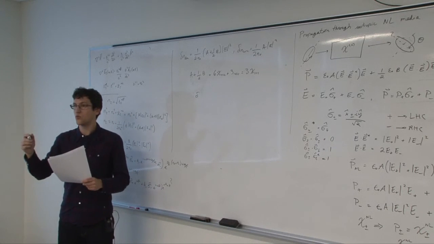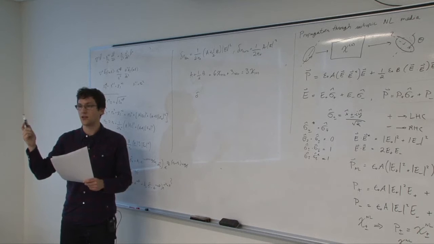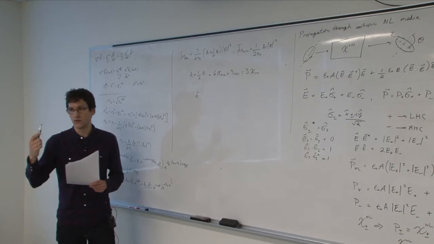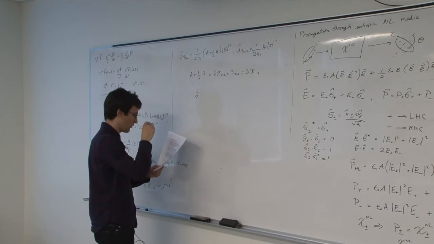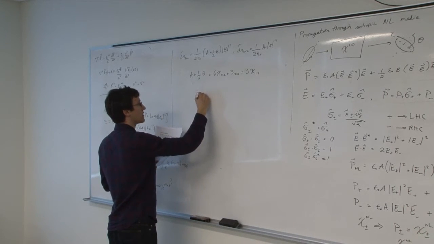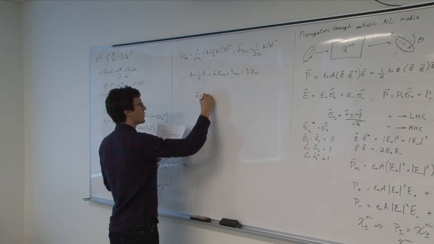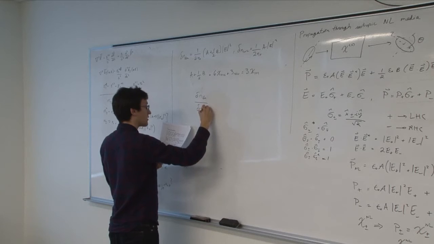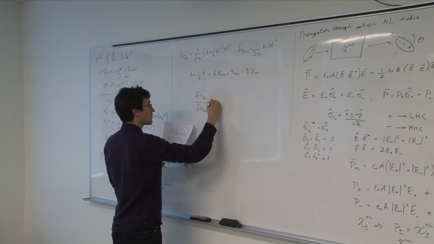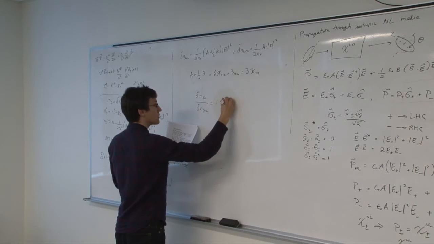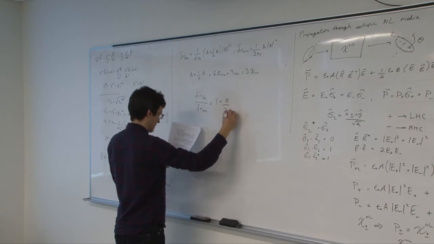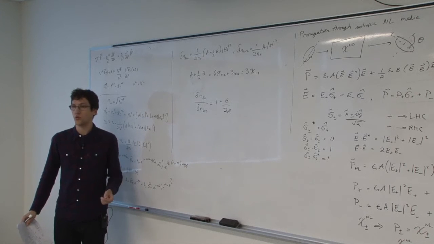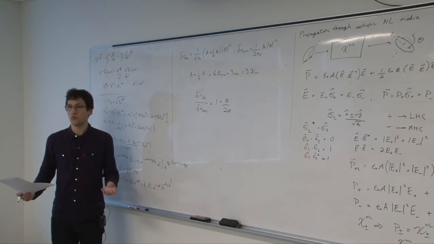So we find that even though we have established that circularly polarized light and linearly polarized light are eigen polarizations of the propagation in this medium, they don't have the same refractive index. Linearly polarized light and circularly polarized light do not experience the same refractive index.